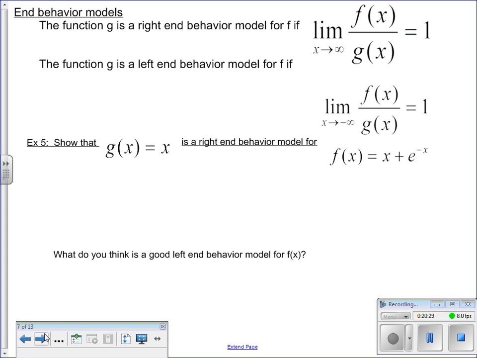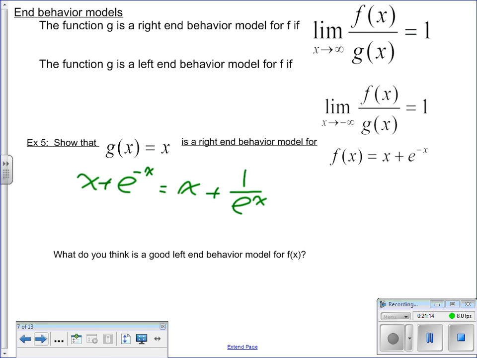If I put in very, very, very large values, 1,000,000, 1,000,000,000, 1,000,000,000,000 in for x, what is going on for e to the negative x? What's happening to this? It's getting really, really small. So small that it is essentially insignificant.